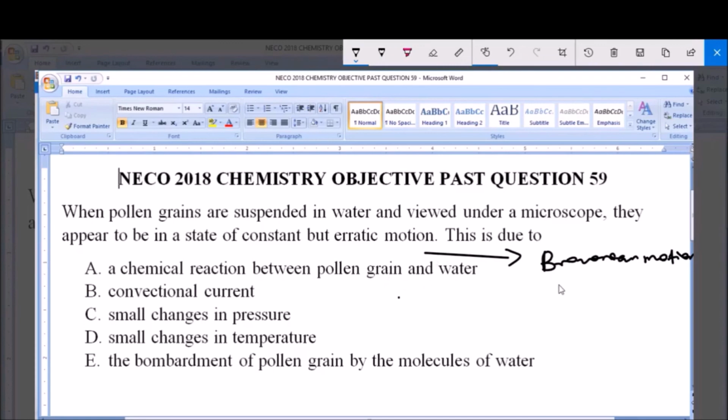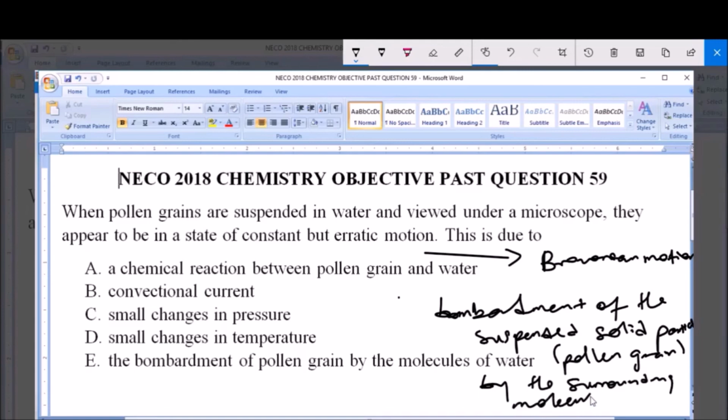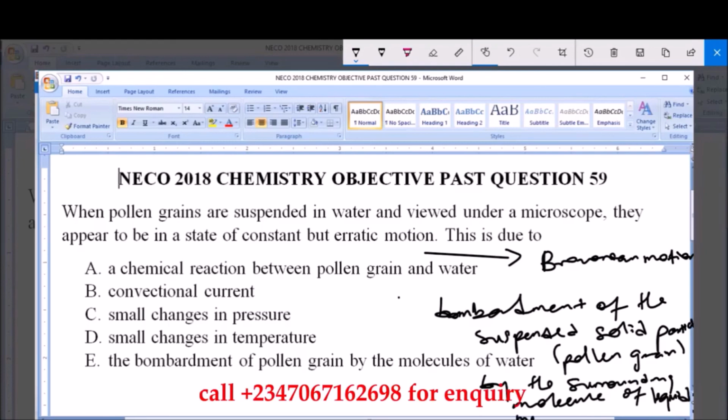Now this is actually due to the bombardment of the suspended solid particle. In this case, the pollen grain is a solid particle, by the surrounding molecules of liquid medium, and in this case the water is the liquid medium.